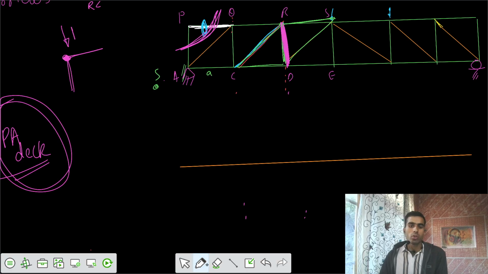Can you tell me what should be the value of the force in this member? Should be upwards towards the joint. F should be equal to 1 also. That's minus times 1. Should that be minus times 1 when the load was just at that point P, because of deck type loading? I would say the force ordinate in the PA would be minus times 1.